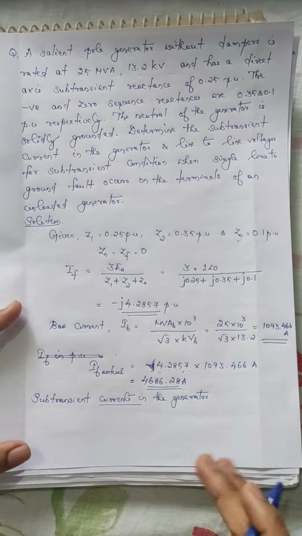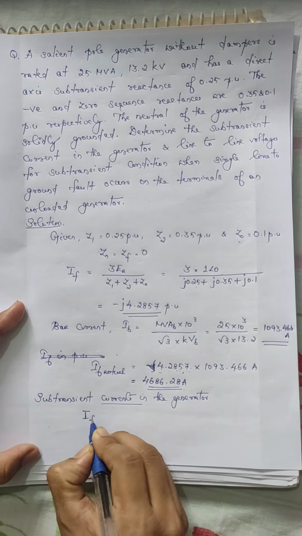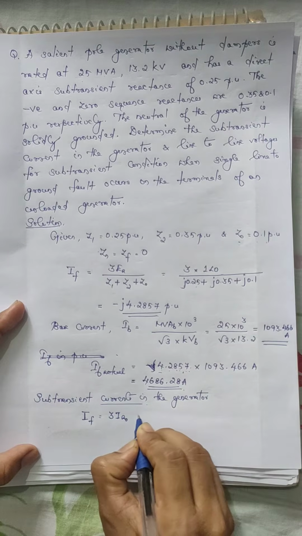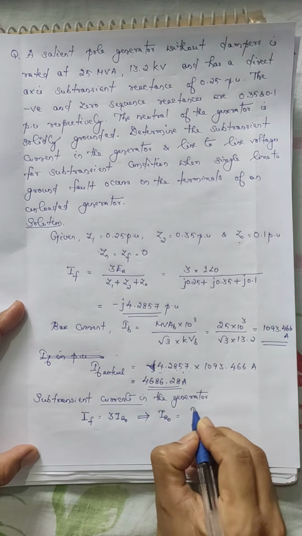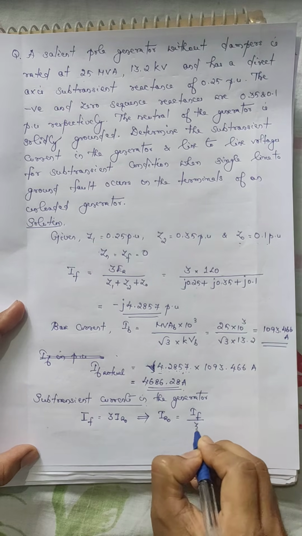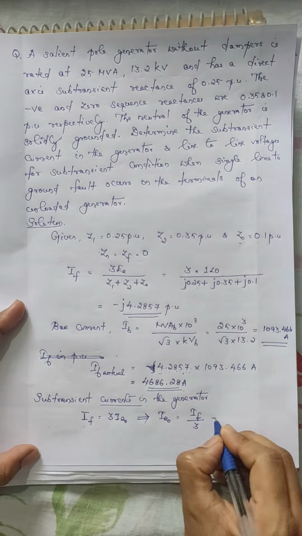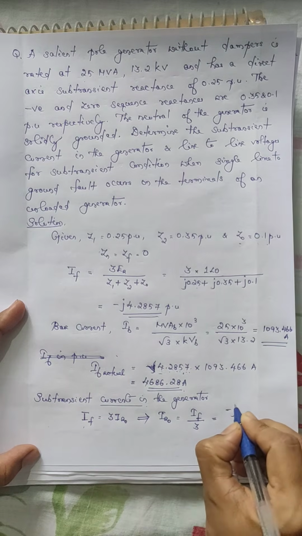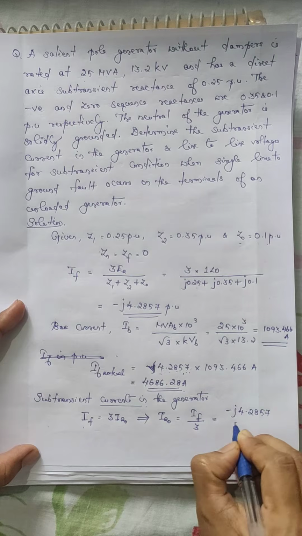So we know that in case of a single line to ground fault, the fault current IF is equal to 3 times IA0. Therefore, IA0 is equal to the fault current divided by 3, which is equal to minus j 4.2857 divided by 3.